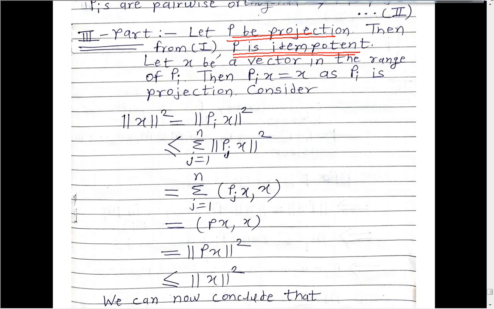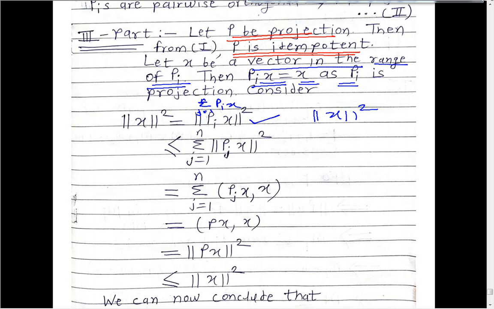Let x be a vector in the range of Pi. Then Pi x is equal to x, as Pi is a projection. So consider norm of x square. You can easily observe that this is equal to norm of Px square, because P is a projection. So here it should be actually the norm of the sum over j equal to 1 to n of Pj x, squared. Note this correction.